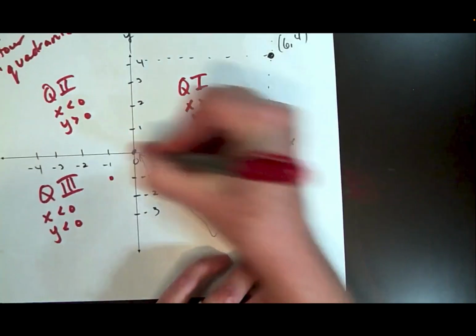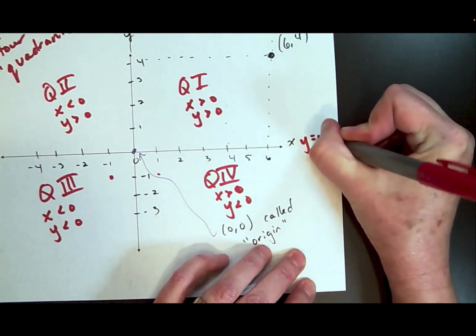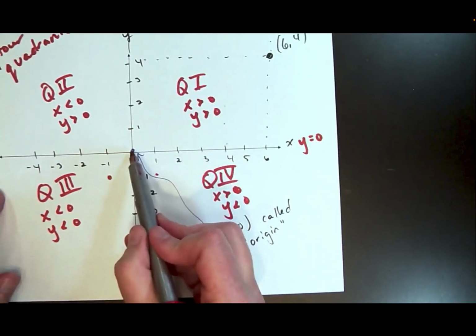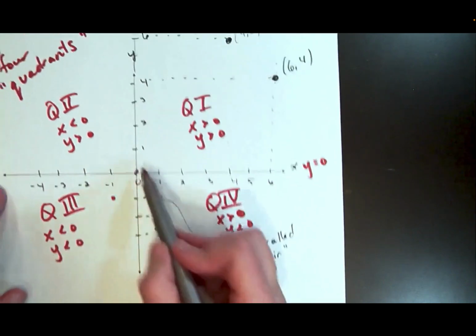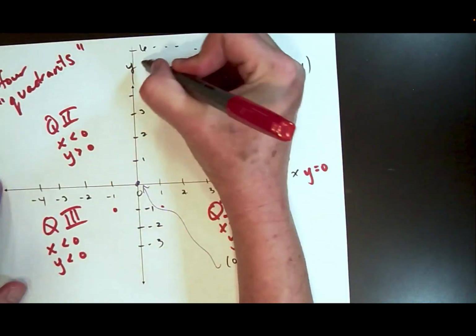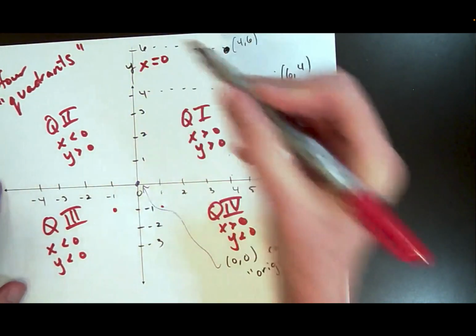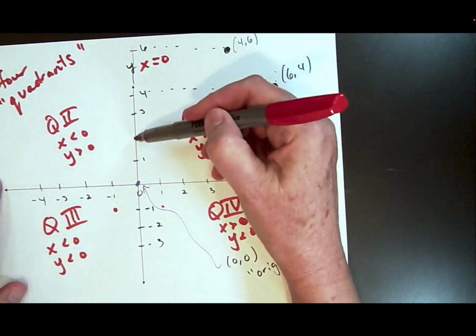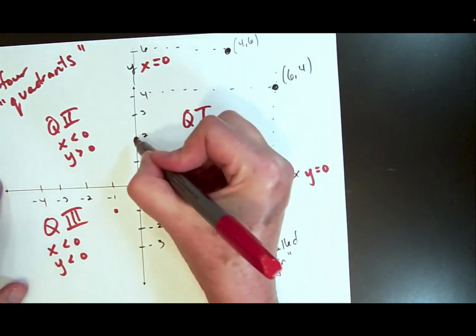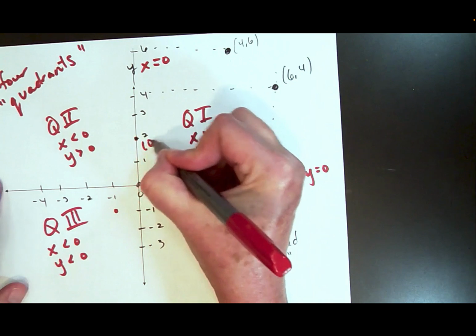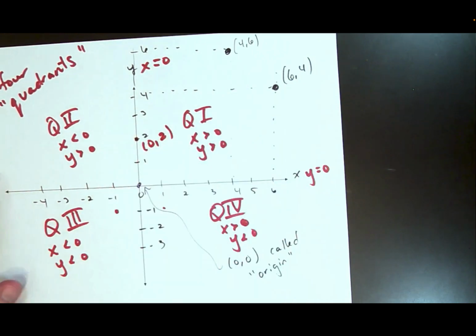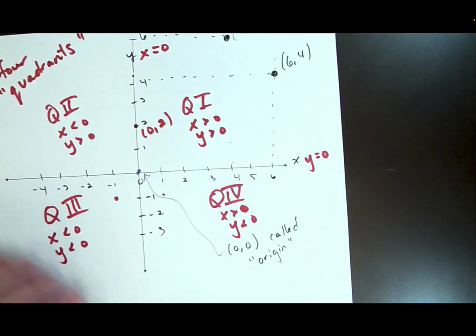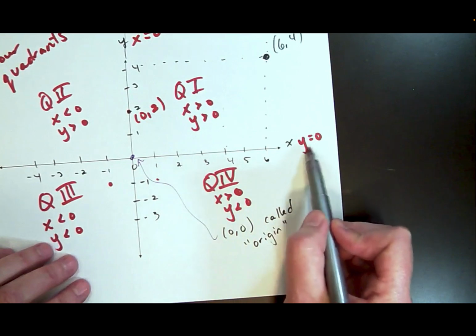On the x-axis itself, the y values are 0, right? Because you're across from the 0 on the y-axis. On the y-axis, the x's are 0 because, if you make a dot on the y-axis, for example, the coordinates here are 0, 2, because you're above the 0 on the x-axis. Why did I say y is 0 on the x-axis?